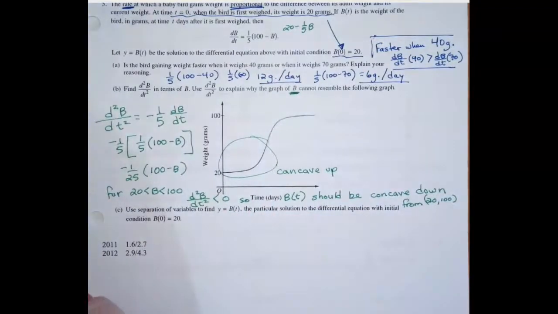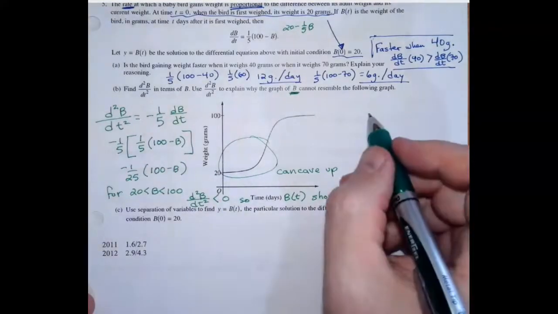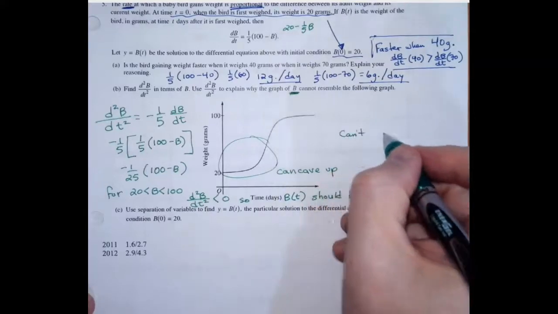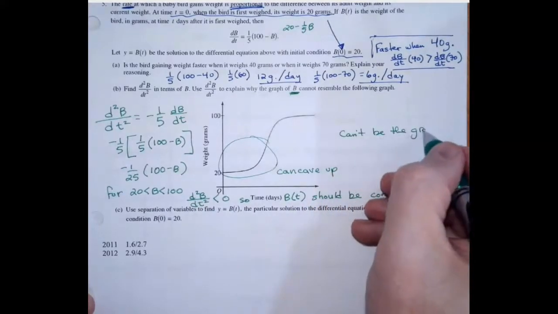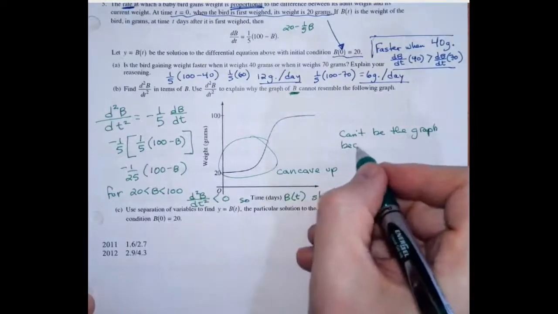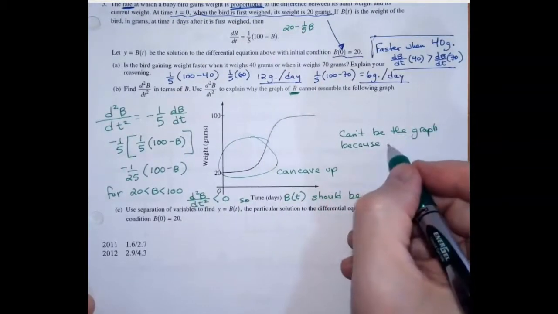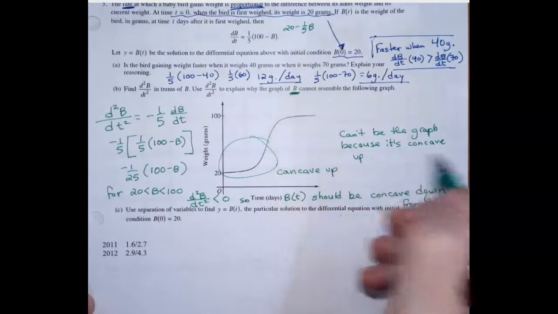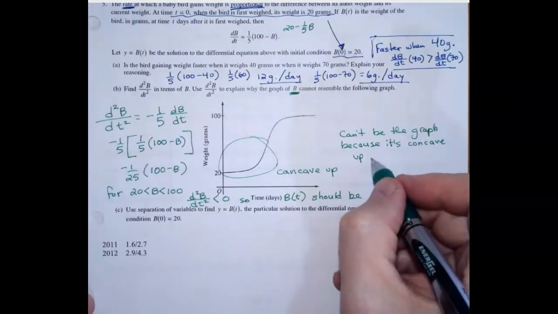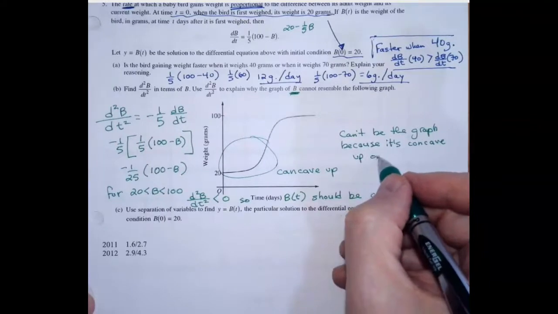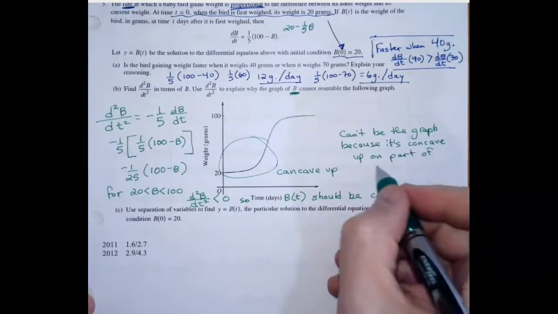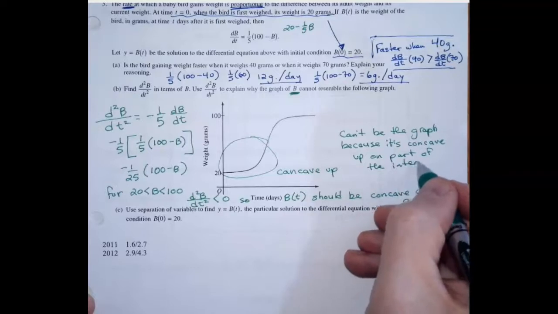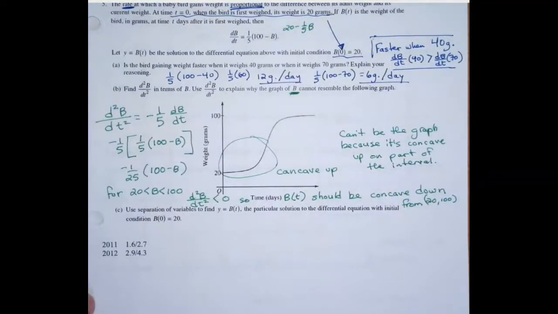It's concave up here. You could write a little bit more, but it can't be the graph because it's concave up on part of the interval.